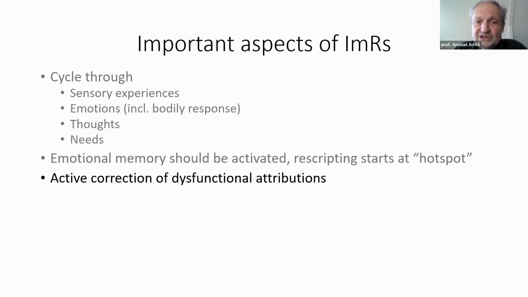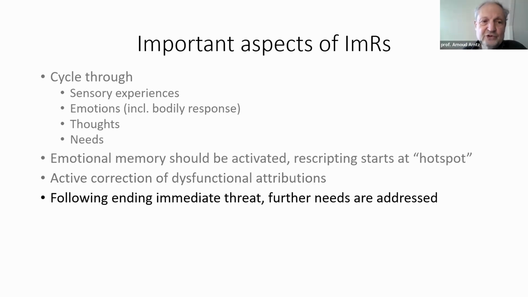So if a child is abused or rejected or neglected, we actively tell the child that it's not their fault, and they should not feel guilty or ashamed. The perpetrator should feel ashamed. And even when the patients don't ask for that, they report it helps them to experience this corrective information.